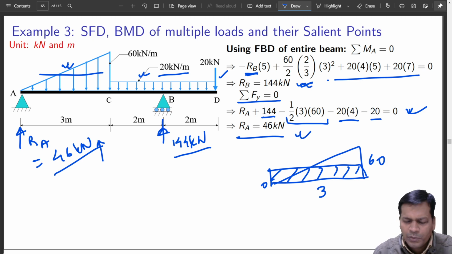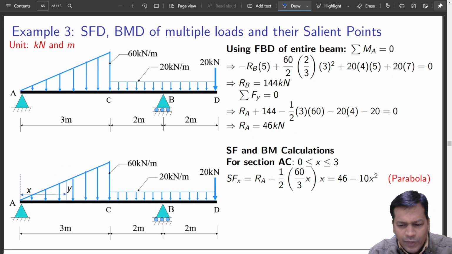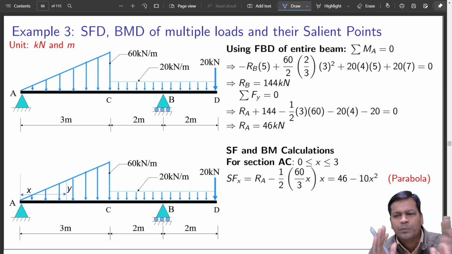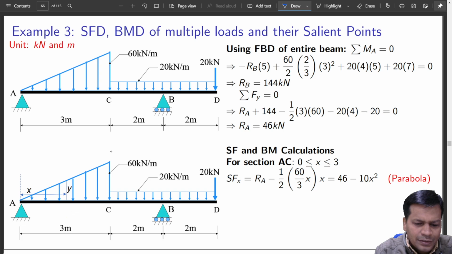This is using equilibrium of bodies the way we used to do. Now moving ahead, I'll divide this beam again into sections. Wherever a type of loading ends, you end your section.